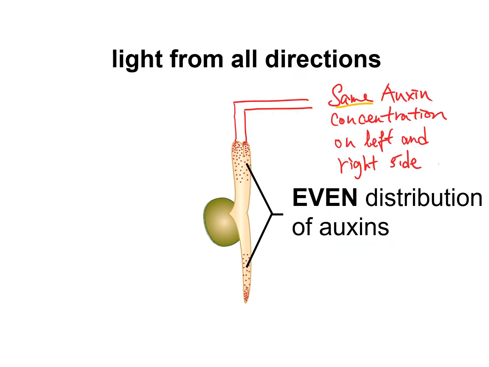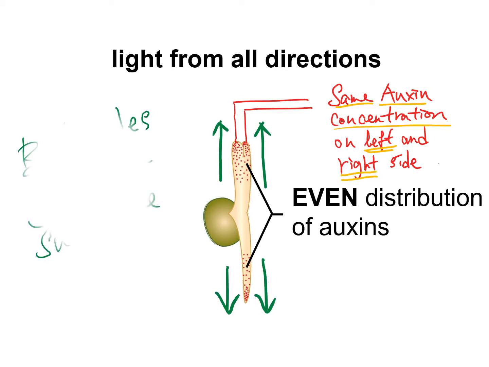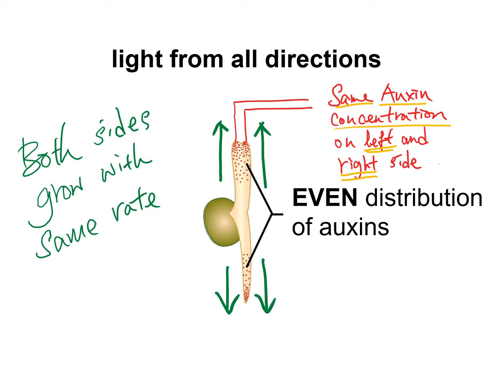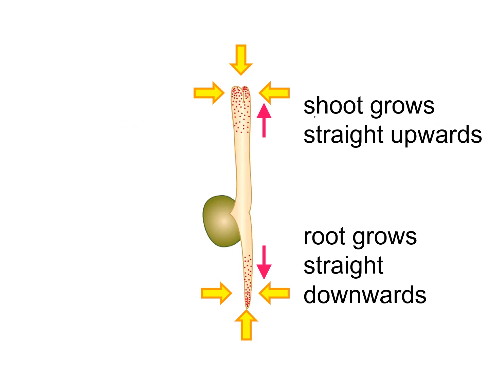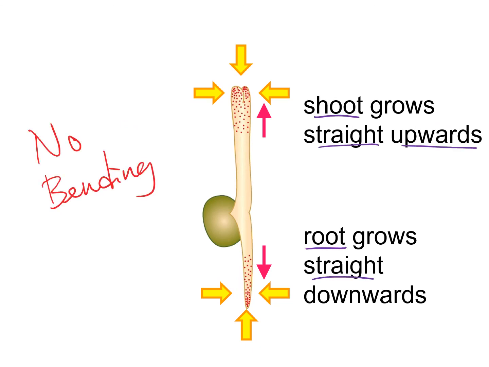There is same auxin concentration on both left and right side. Therefore, both sides grow with the same rate. Therefore, the shoot is going to grow straight upwards, while the root is going to grow straight downwards.